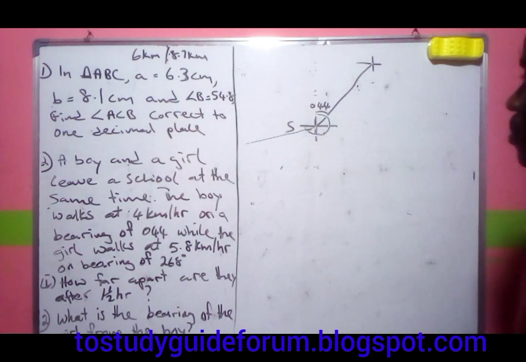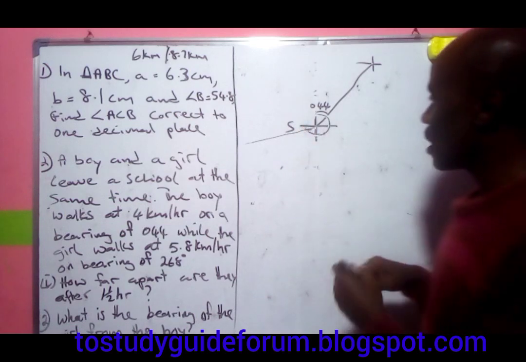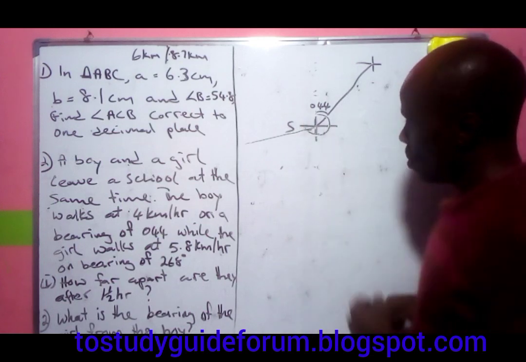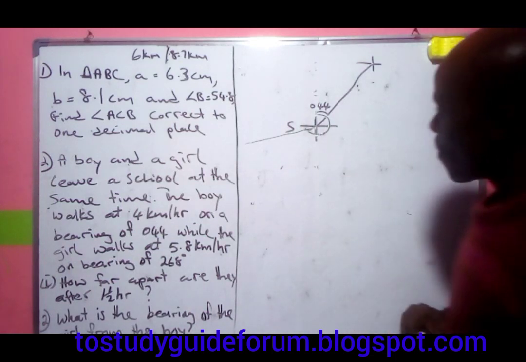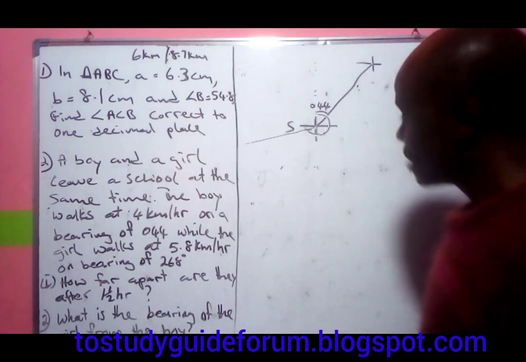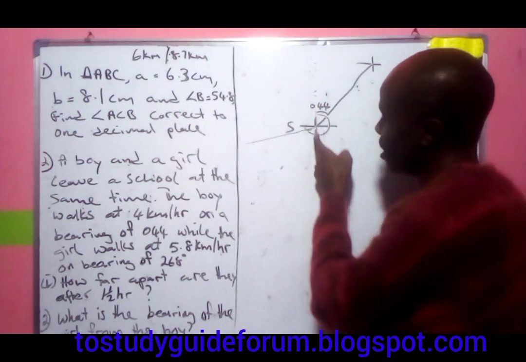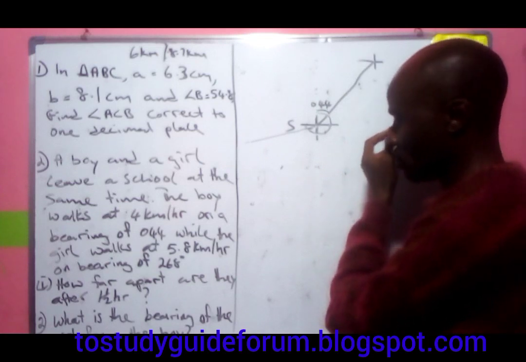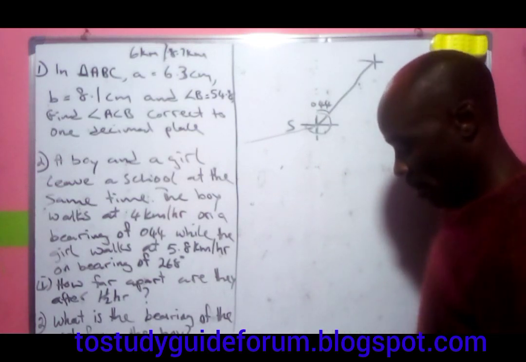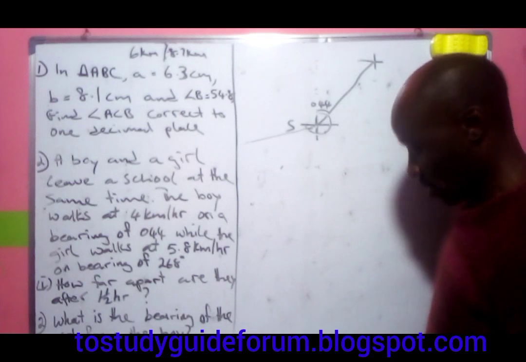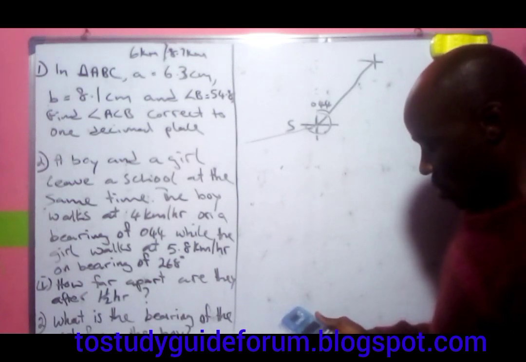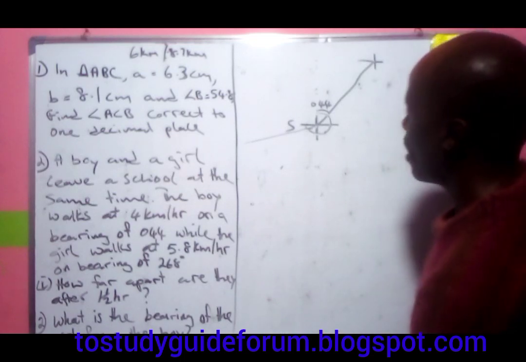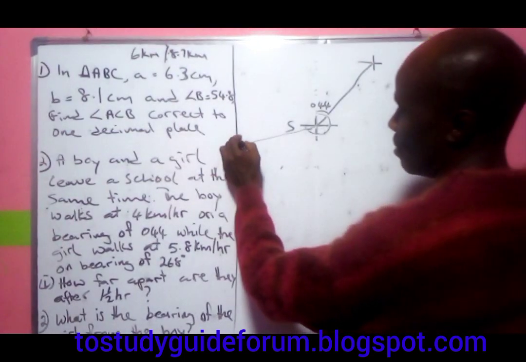All right, this is what we have, because the remaining angle here is 2. Here is 180, this other end is 270. So it's just about 2 degrees away from 270. So this is where the girl is now.